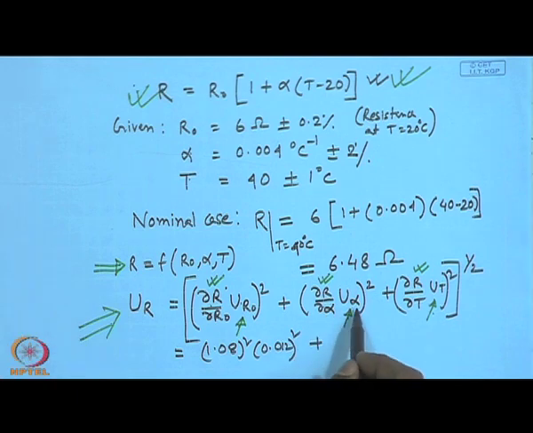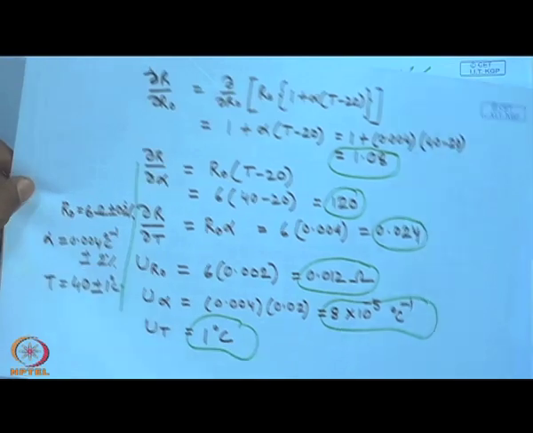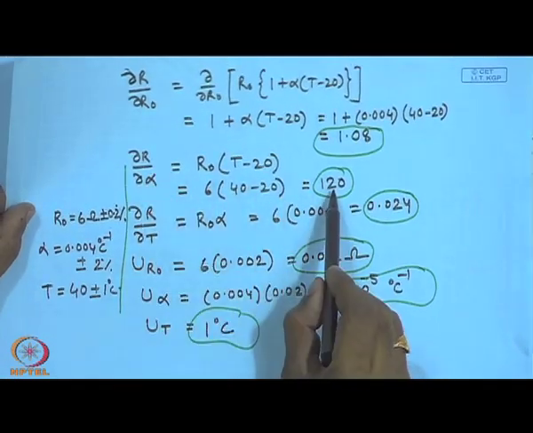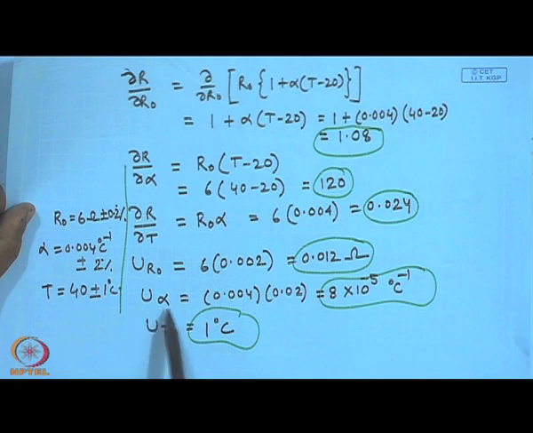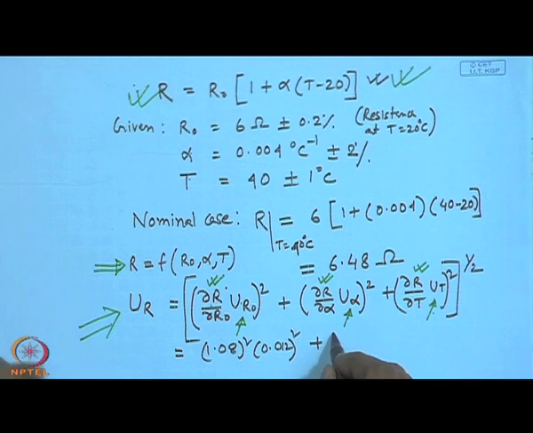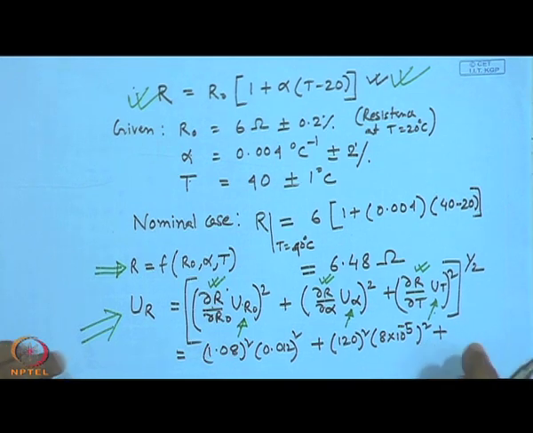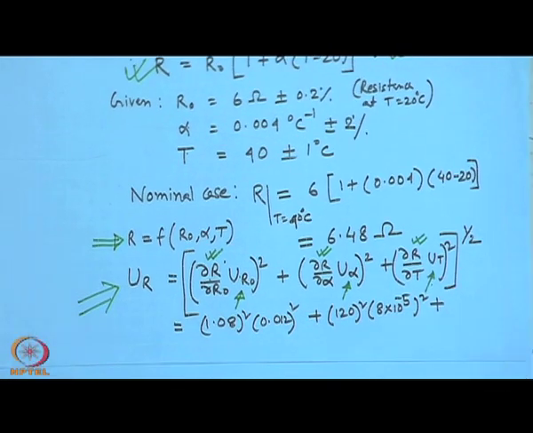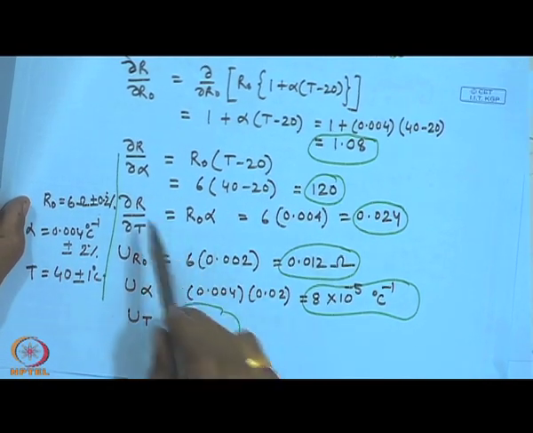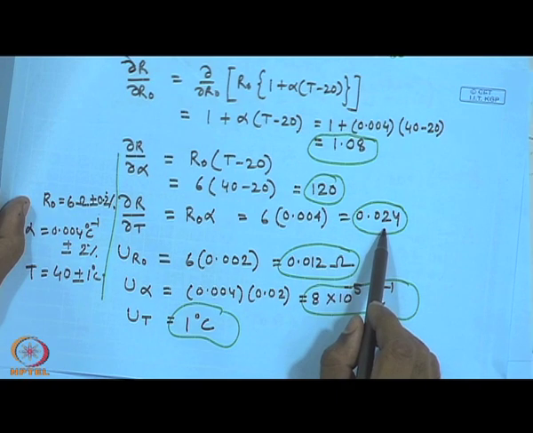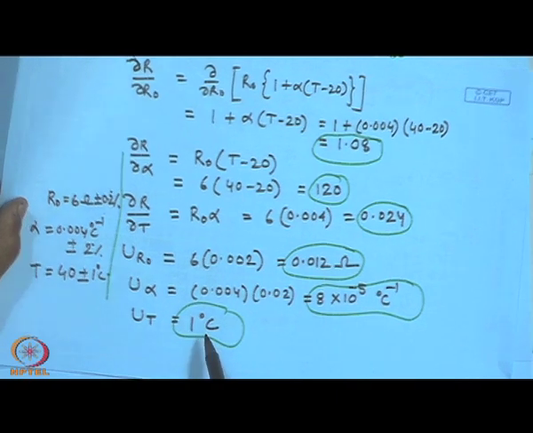Del R del alpha and u alpha: we computed del R del alpha as 120 and u alpha as 8 into 10 to the power minus 5. Plus del R del t and u t: we computed del R del t as 0.024 and u t as 1.